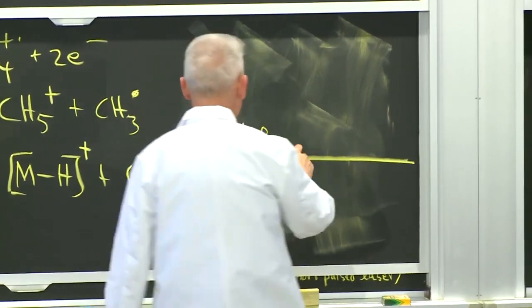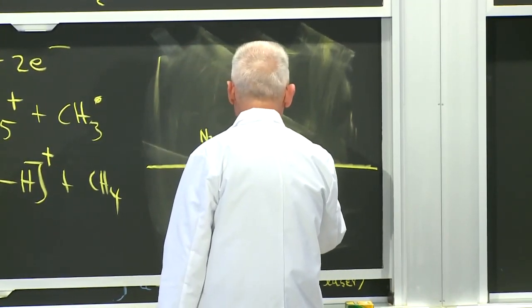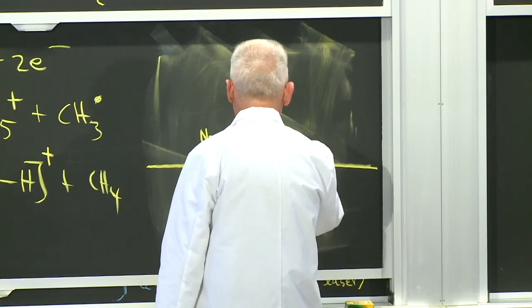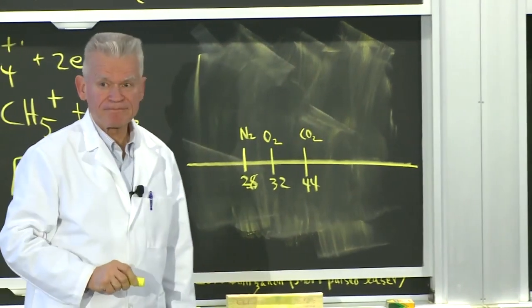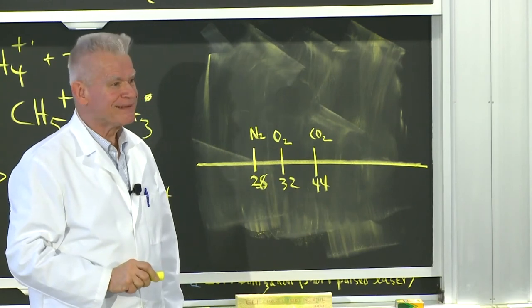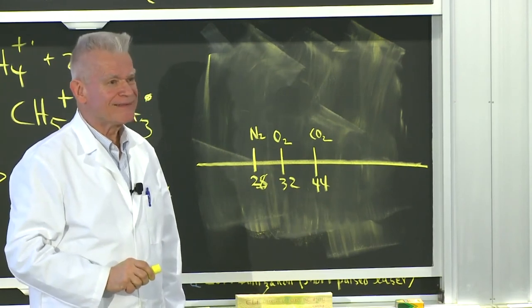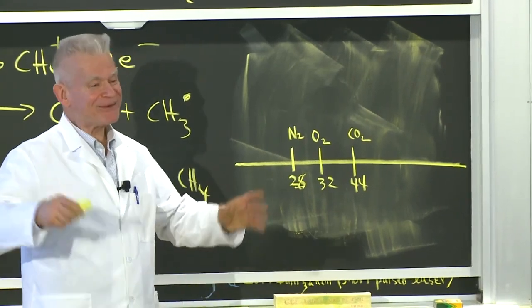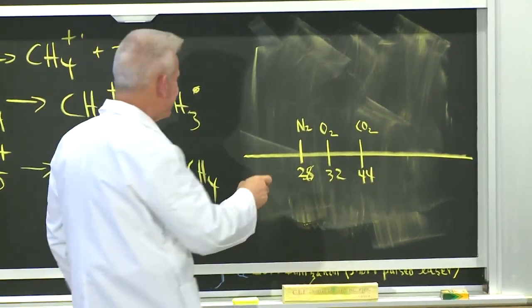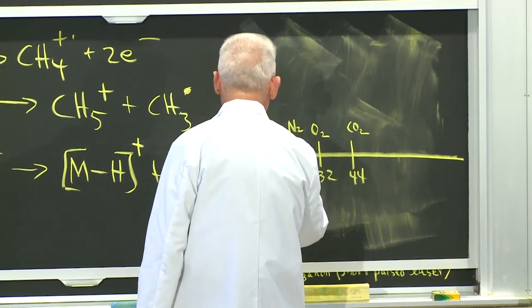Very good. Good old carbon dioxide. Yeah. What else? Yeah, you'd see water. We hate water, but it's in the air, right? So you definitely would see an 18 peak.